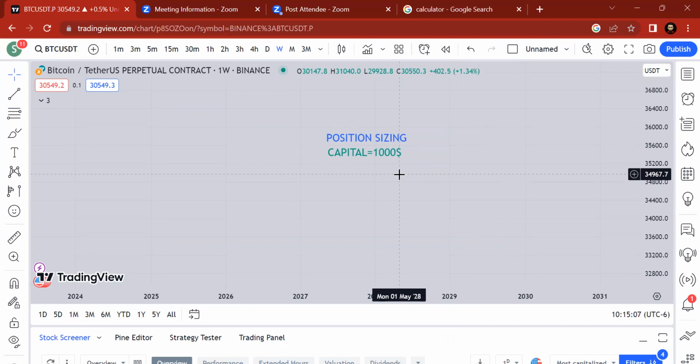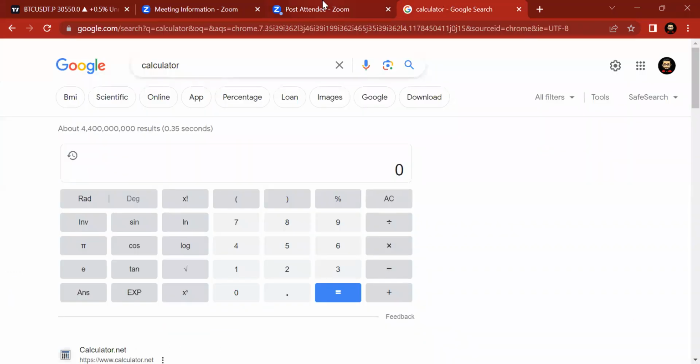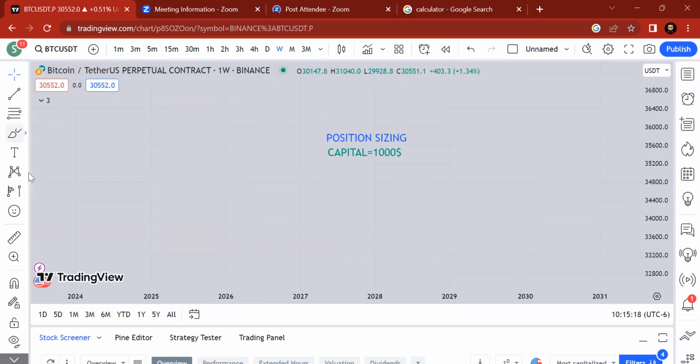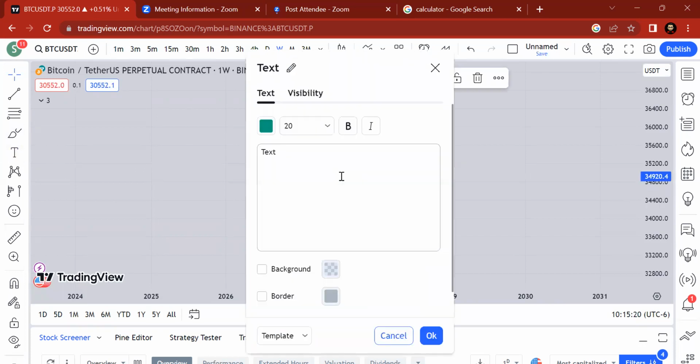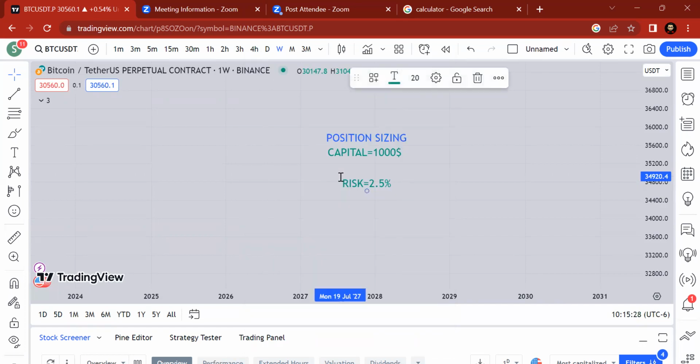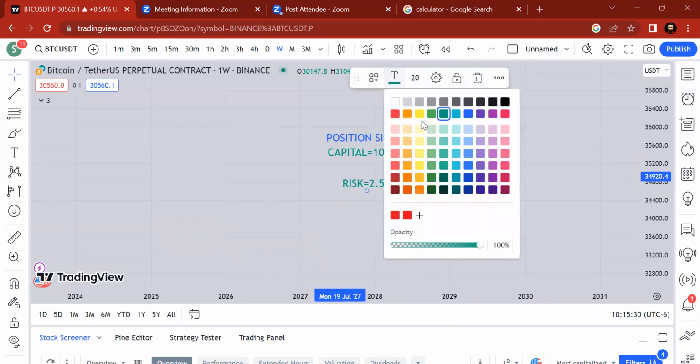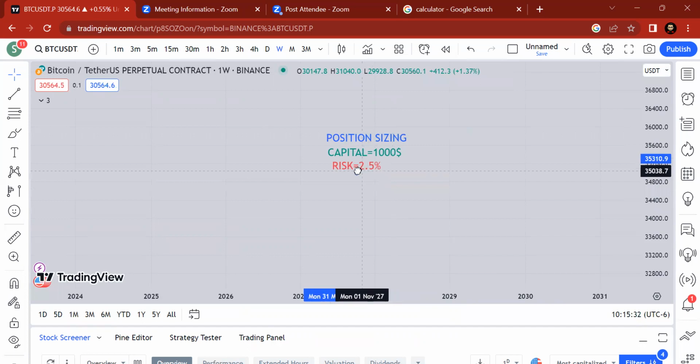This is my decision. Every trader has their own decision. So my decision will be 2.5%. I will risk that on each trade. Whatever trade I take, my risk will be 2.5%. That will be the risk marked as red.